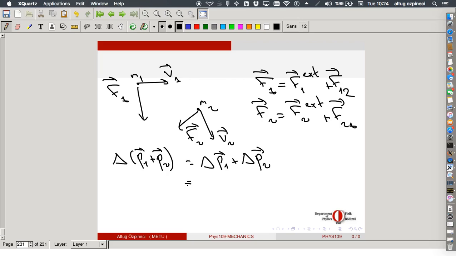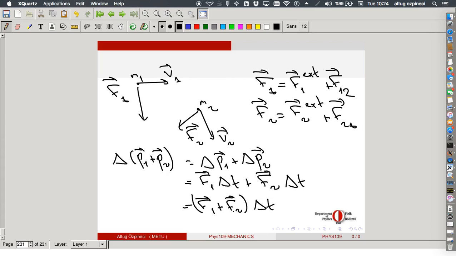The change in momentum of the first one is nothing but the force acting on it multiplied by the time interval, plus the change in the momentum of the other one, which will be F2 times the time interval that the force is exerted. So this will be equal to F1 plus F2 times delta t.